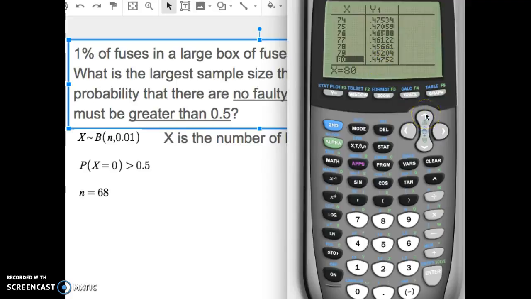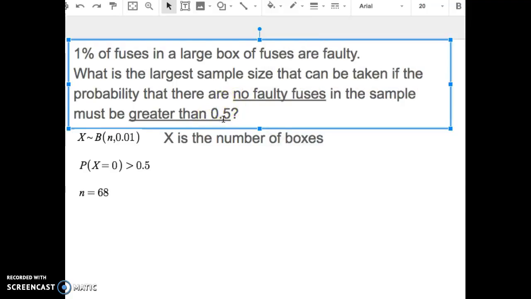In other words, let's say I'm trying to impress my buyer, my customer. I'm the supplier of the fuses. I would not want to open the boxes for them to check. Let's say the probability of 0.5 is the decision mark.